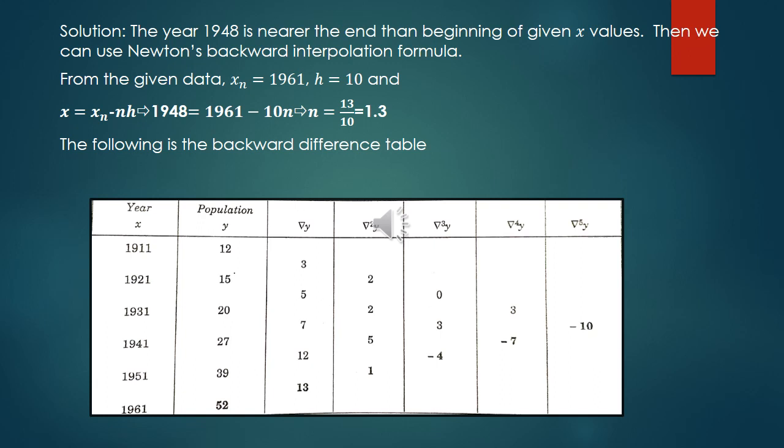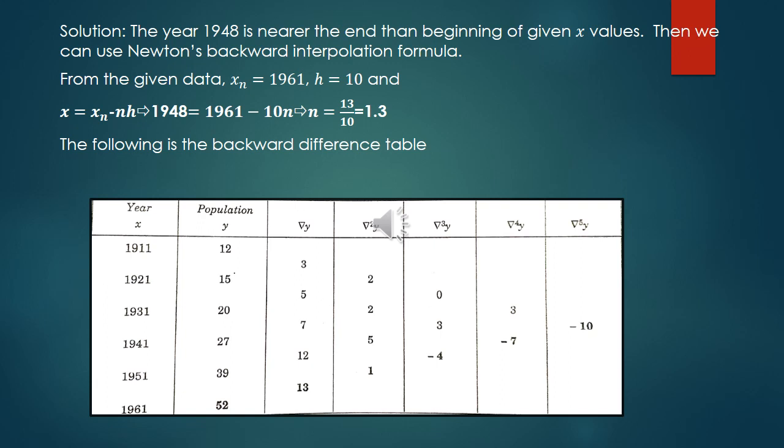Then the following table explains the construction of the backward difference table. It is exactly the same as the construction of the forward difference table, only the notations differ. The first two columns we mark x and y values which are given in the question. The second column is del y, the first backward difference.